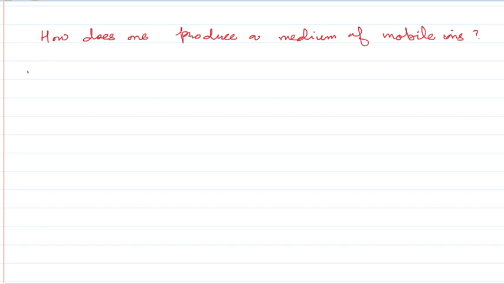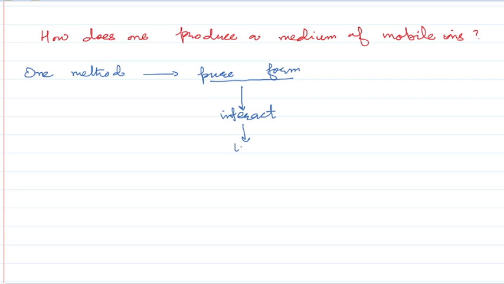Now we have one method which is based on the fact that certain substances, which in the pure form do not contain any significant concentration of ions, simply interact with solvent or other entity to produce the ions.